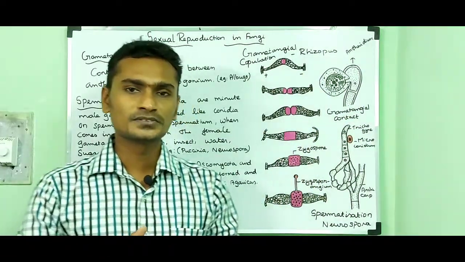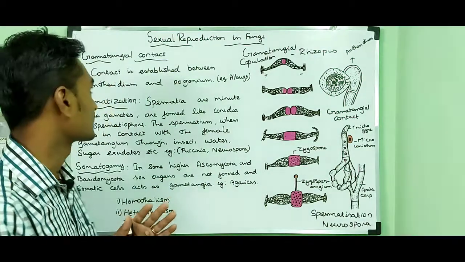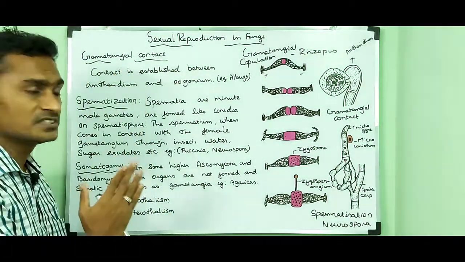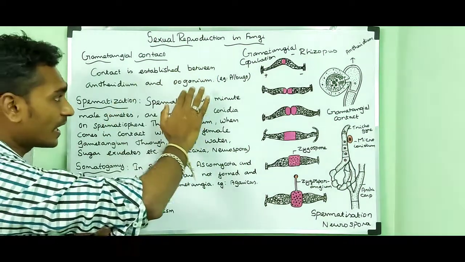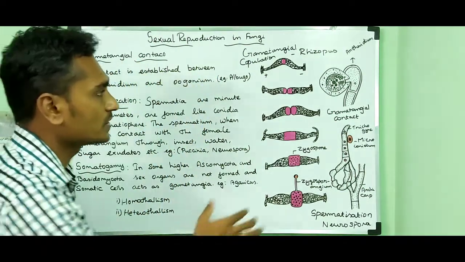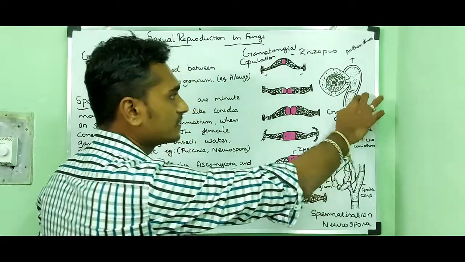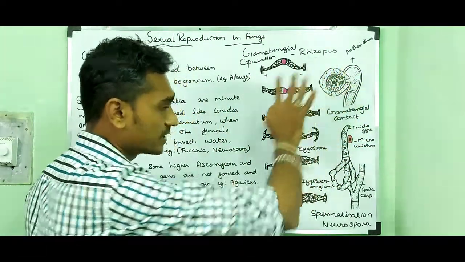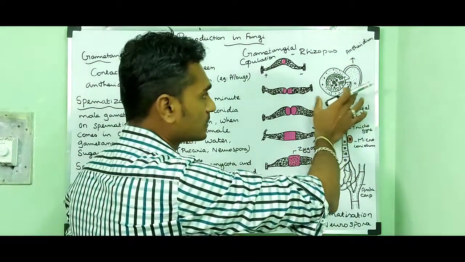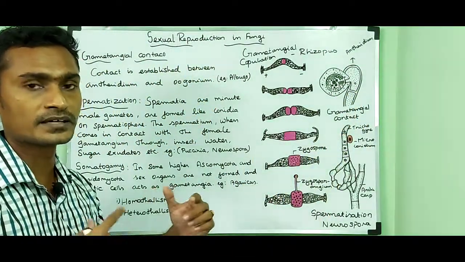Let us talk about the gametangial contact. Gametangial contact means contact is established between antheridium and oogonium. Here you can find this is the antheridium, which is club-like in shape, and the oogonium is globular in shape. So antheridium and oogonium make a contact.